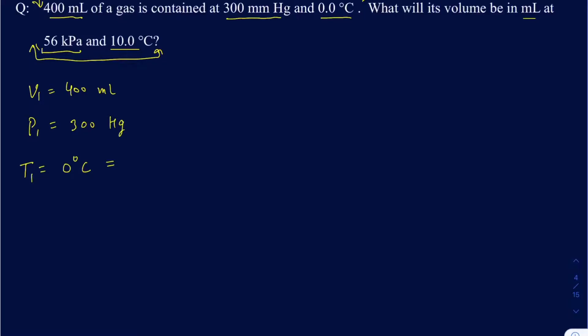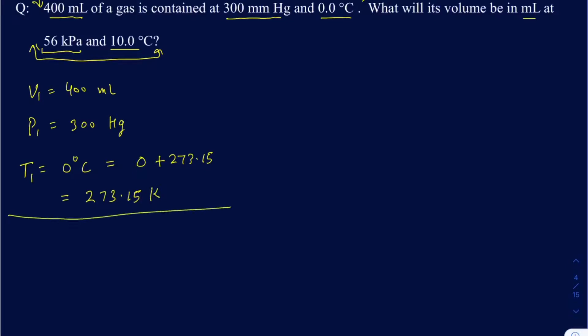And remember, your temperature must be in a Kelvin scale, so I'll just go ahead and change that right away. All I really got to do is add 273, so 273.15 rather. So your temperature in Kelvin is going to be 273.15 Kelvin. Okay, so then this is your first set.